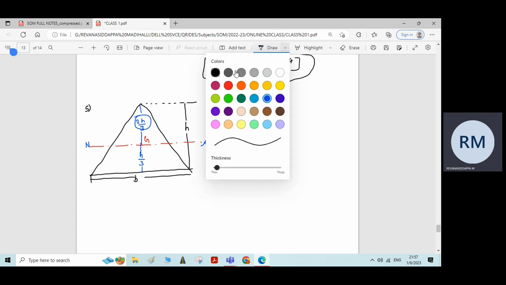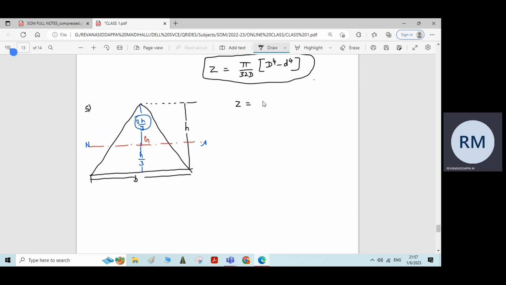Therefore, Z is equal to I by y max. The moment of inertia of a triangle, we know, is bh cube by 36, and y max in this case is 2h by 3. Therefore, Z is equal to bh cube by 36 divided by 2h by 3.